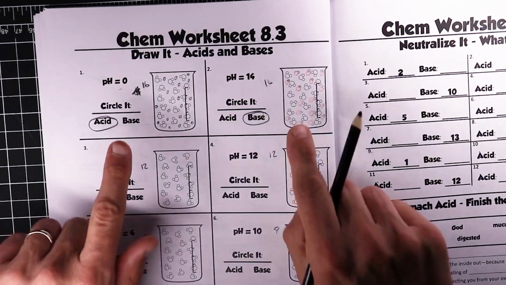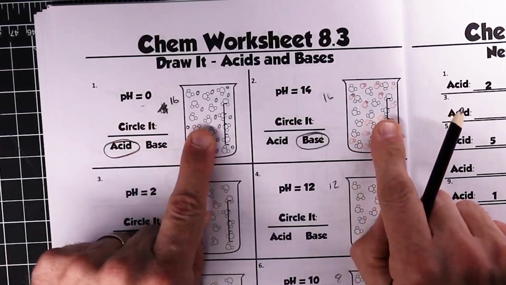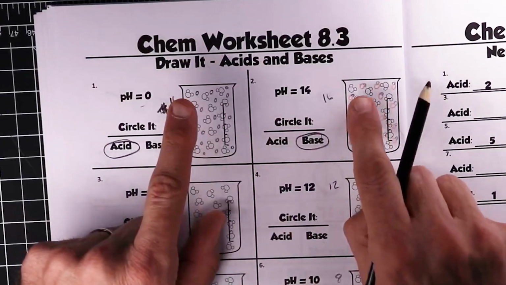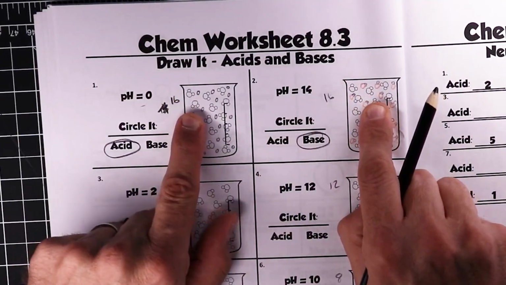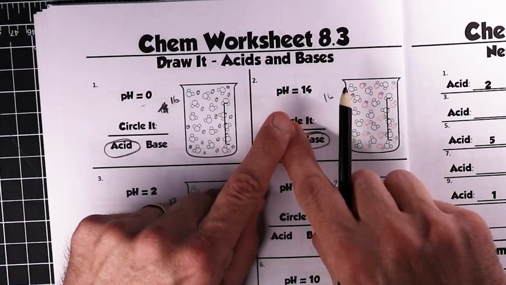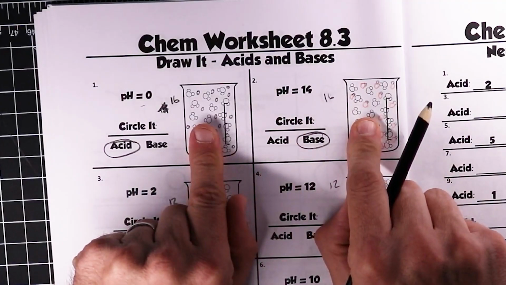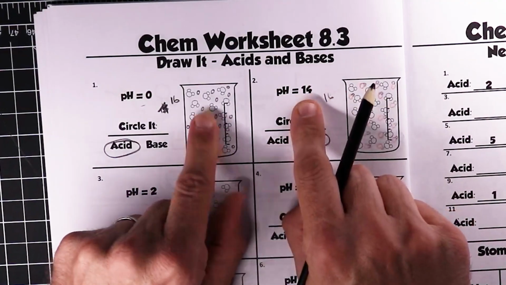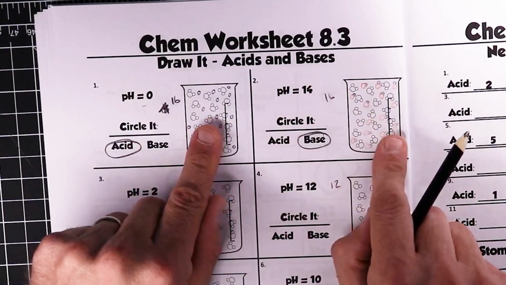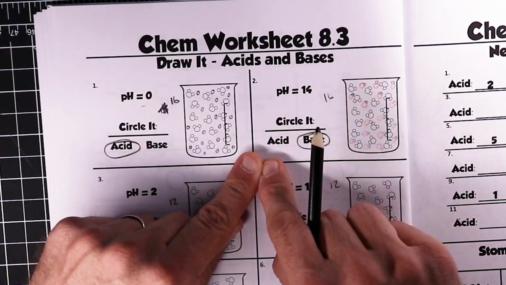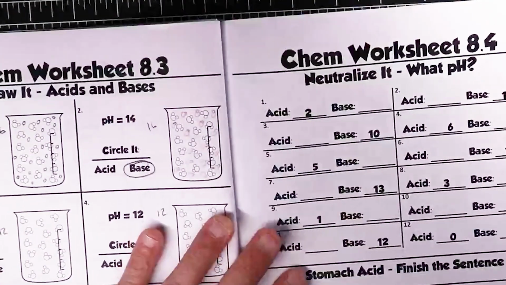Now, what you could see is that if I mixed this with this, Mickey Mouse and his missing ear would all come together and would make nice, clean, neutral water every time. So a pH of 14 plus a pH of 0, equal amounts, can make a neutral solution. And that brings us over to this.